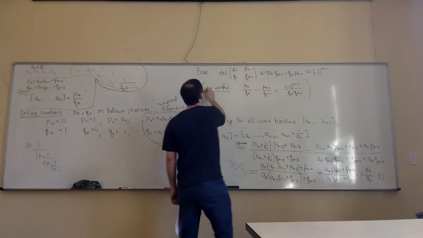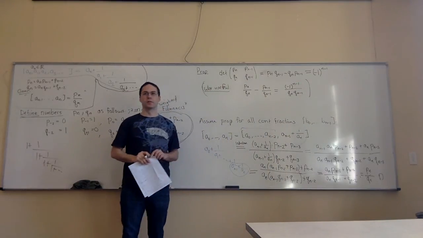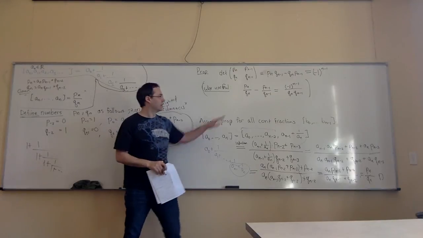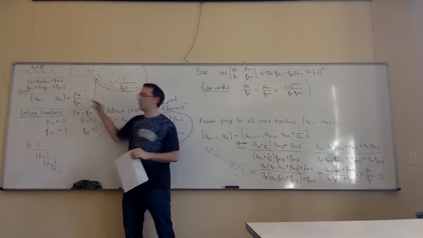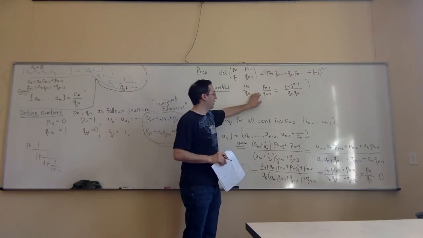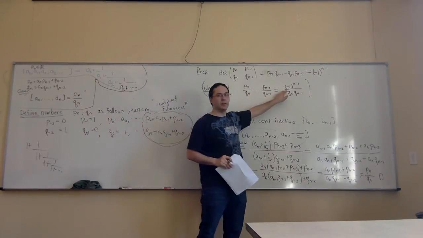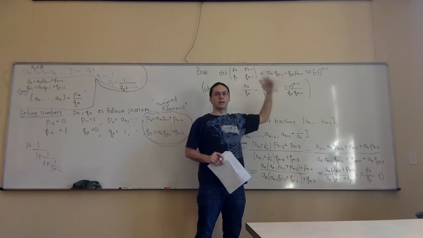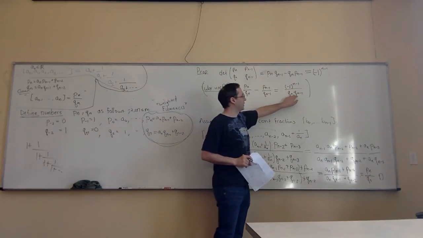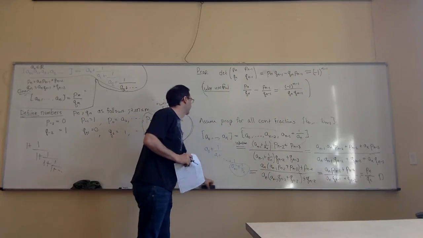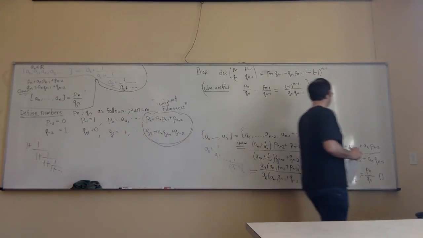So that's why we care about what I'm about to prove. It tells you a lot about how the successive convergents compare to one another. You see, for example, that the sign changes every time. That tells you something about convergence, and also this tells you a lot about the size of the difference. Okay?